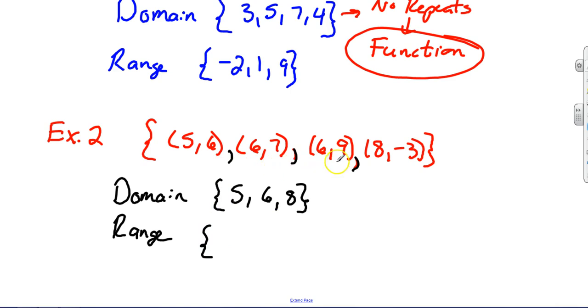Range, we've got 6, 7, 9, and -3. And again, order doesn't matter. If you're one of those people who has to be a little picky about your numbers and wants to put them in order, that's fine. As long as you've got the numbers in there, that's good.